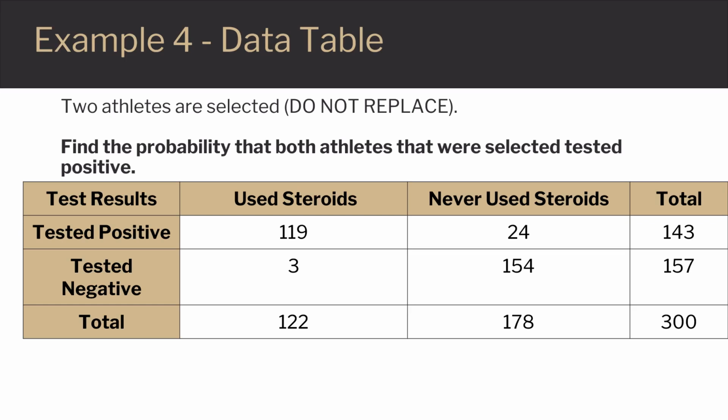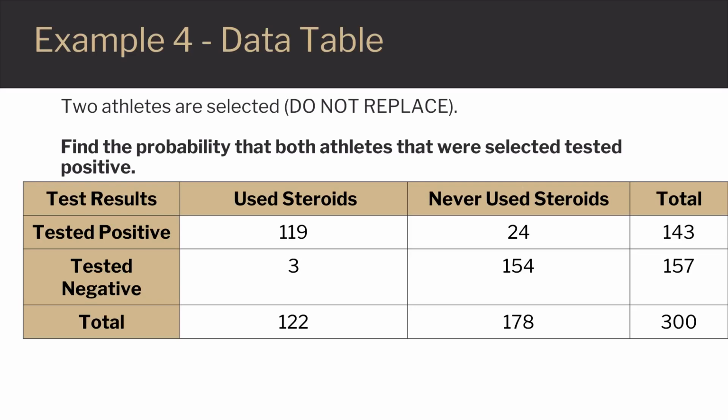Next, let's consider an example that uses a data table. In this data table, we have athletes tested for use of steroids. A survey was done. 143 athletes were found to have tested positive, while 157 were found to have tested negative for use of steroids, and there were 300 in the survey.